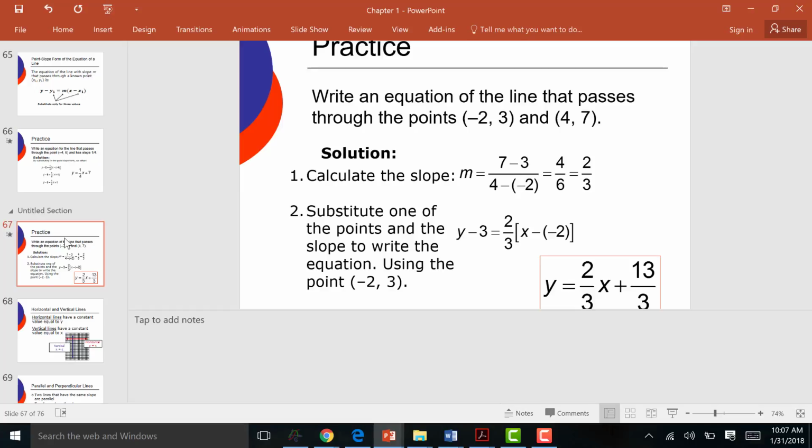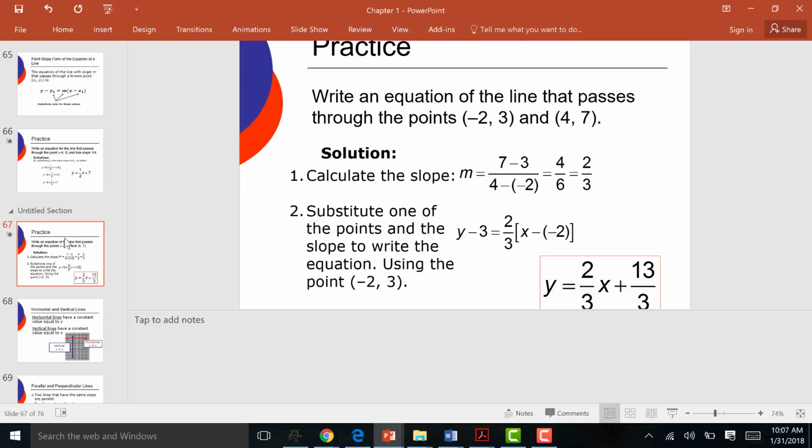All right, so here are my 2 points that I got right here. I've got -2, 3, and 4, 7. So here's my slope formula. I've got 7 minus 3 over, let me put this formula in here.